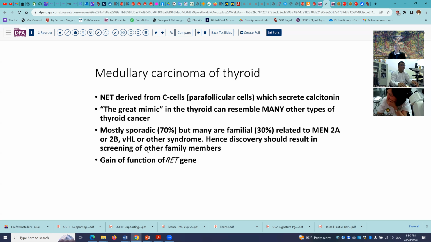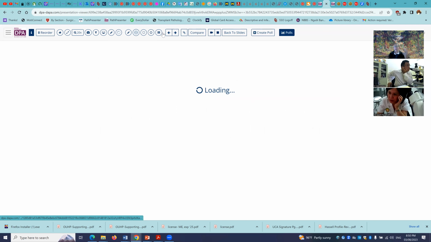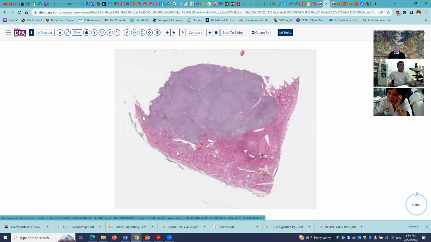In either case, whether it's von Hippel-Lindau or multiple endocrine neoplasia, it's usually due to a gain of function of the RET gene. And that activates the MAPK pathway and so forth.